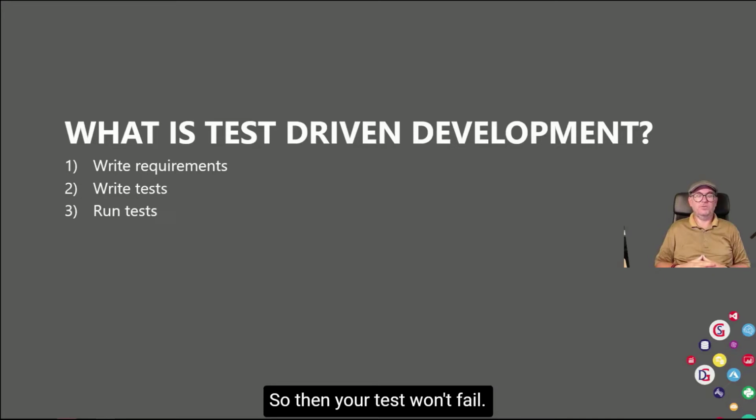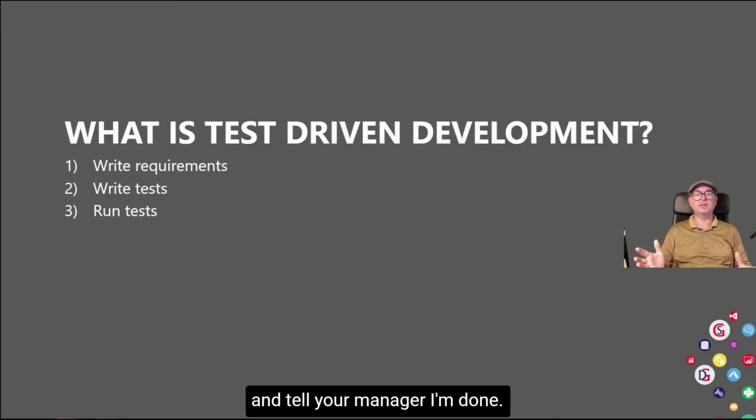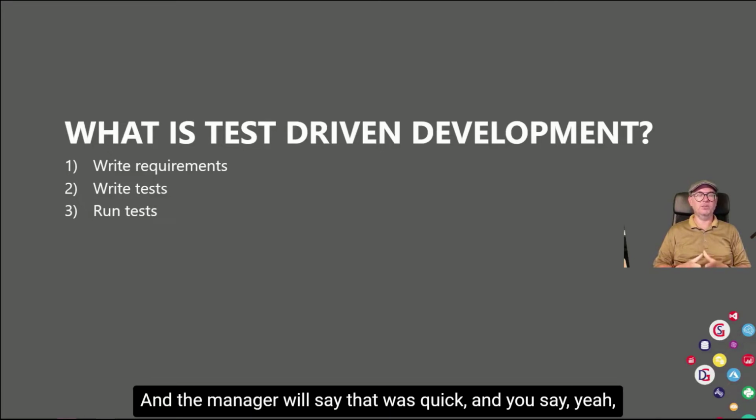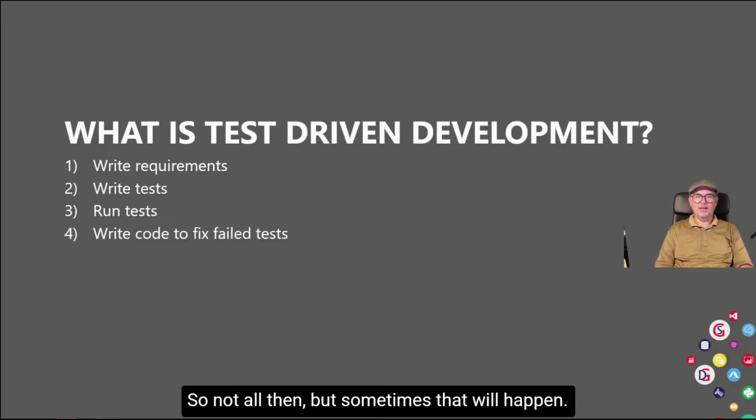So then your test won't fail. It will be successful. That means you can go have lunch, come back 2 hours later and tell your manager, I'm done. And the manager will say, that was quick. And you say, yeah, I even tested it. So not often, but sometimes that will happen.